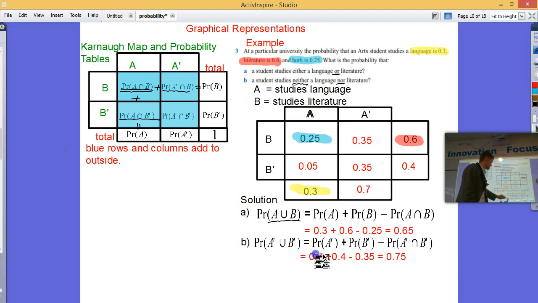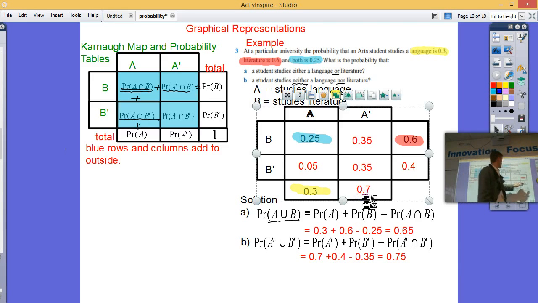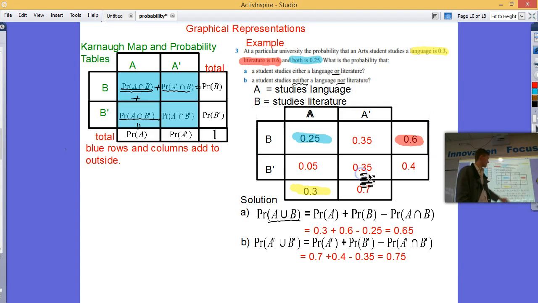So we identify those values in the table, not A and not B. Not A is 0.7, not B is 0.4, so that's the two. Then we subtract their intersect, not A and not B, 0.35, and we get our result.